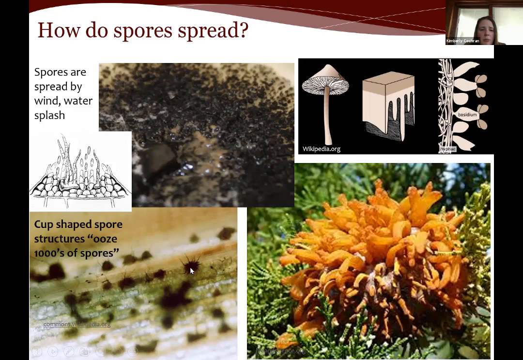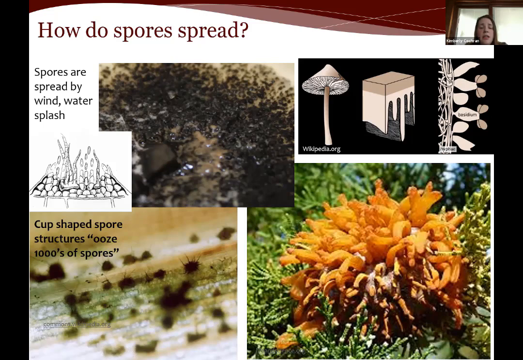But from inside that cup, that's again where the spores will form and start oozing out as a little droplet. So whenever we have rain or sprinkler irrigation, a droplet of water can hit this little cup shape and splash out spores and spread them wherever the water splashes.